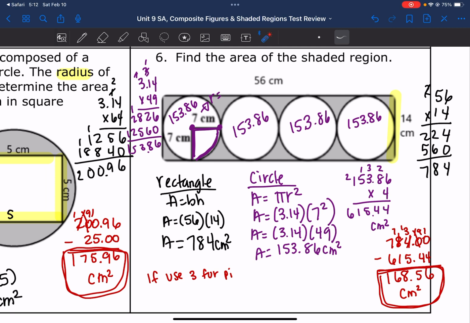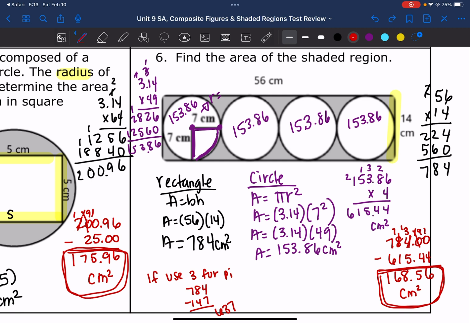So you would have had 784 minus 147, which would have been, hold on. Okay, so it would have been 637, around there, okay?